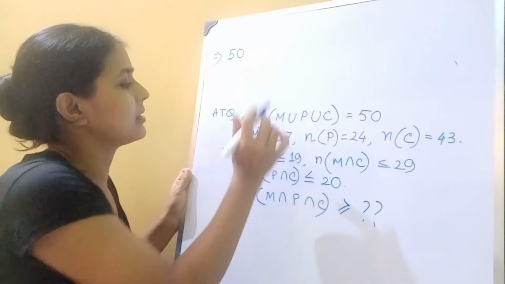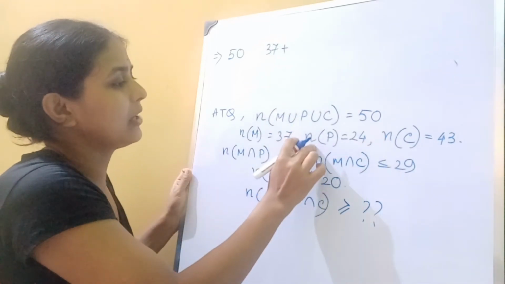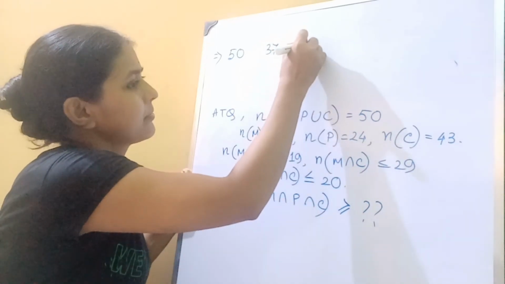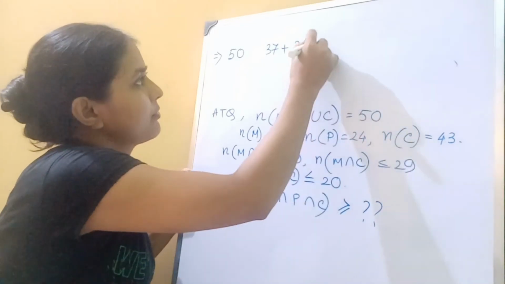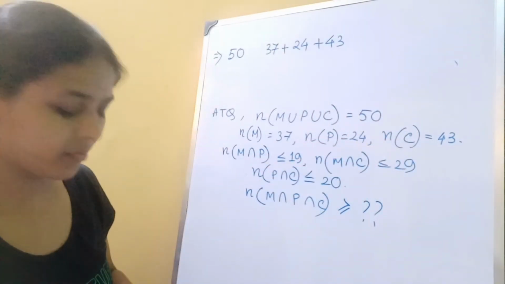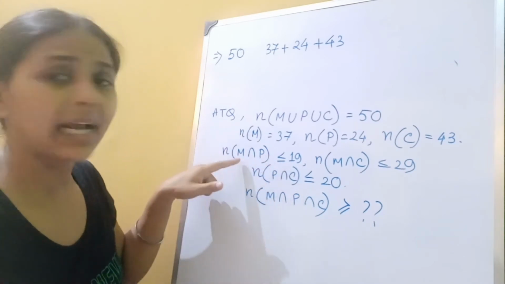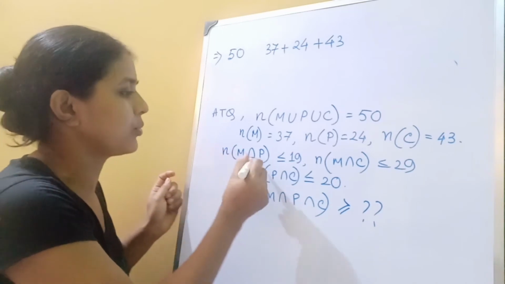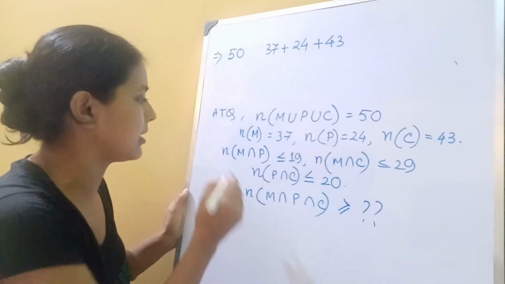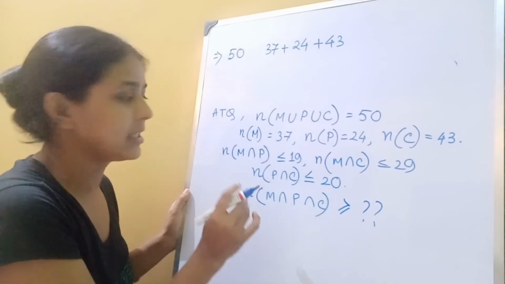So n of M is 37 plus n of P 24 plus 43. These 3 are straightforward given conditions. Now this one, look at this. Only this I am doing, other 2 will be similar. This one is less than or equal to, minus 19.